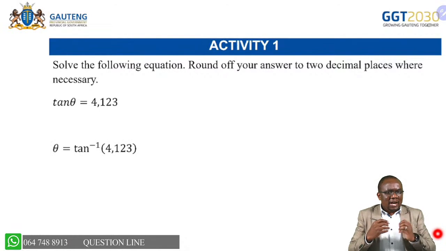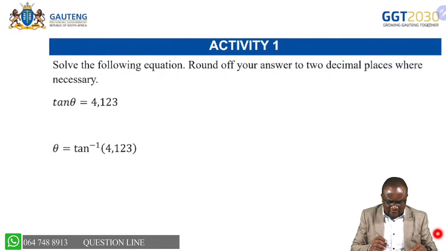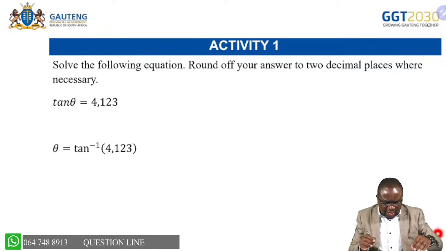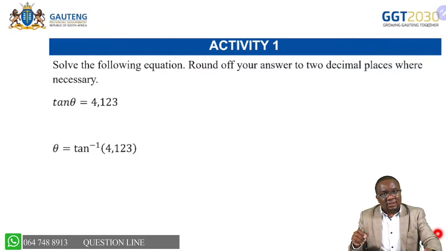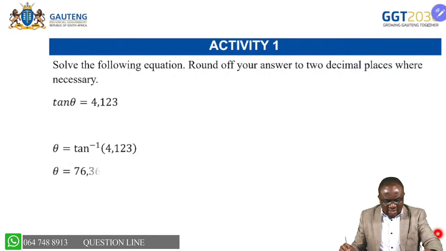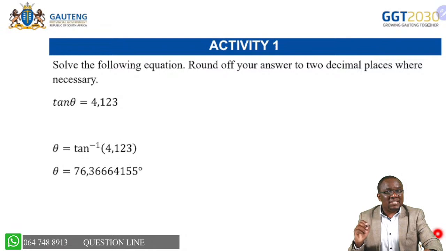And then we find arc tan, the inverse of tan theta. Now, shift and then tan theta, then 4,123, close bracket, equals. Okay, what did you get? Right, we're getting 76,3636,4155. But we say round off to 2 decimal places. It means there must be 2 numbers after the comma.